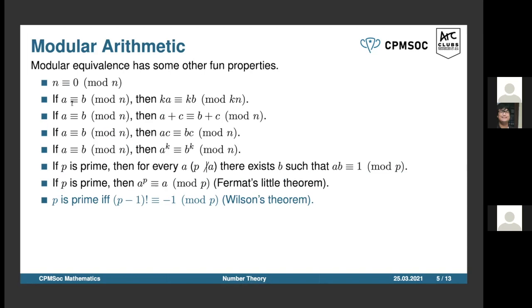We also have multiplication and addition behaving nicely under modular equivalence. By nicely, we mean that you can do the same thing to both sides of the equation, equation in big air quotation marks. As long as you keep the same modulus, it will still be true if you do the same thing to both sides.